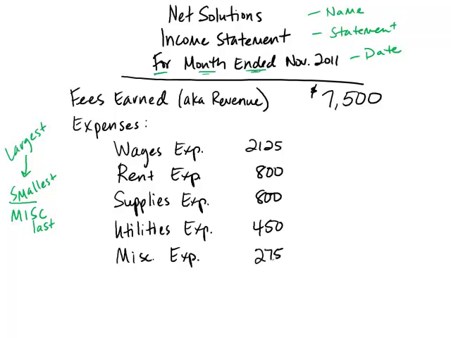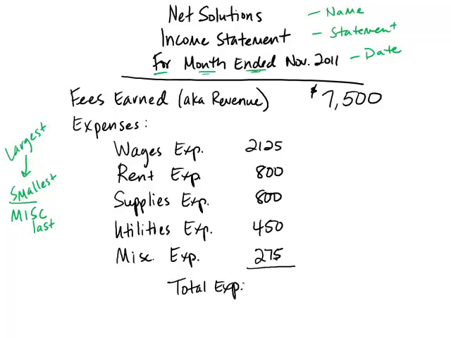Miscellaneous happens to be the smallest, so it's last, but even if miscellaneous were $1,000, it'd still go last. It should be the smallest because that's just for the little leftover stuff you don't want to create a whole account for. If it's a significant amount, you probably want to go ahead and make an account for it. So I think they said this was for a magazine subscription and postage in this example. So let's get total expenses.